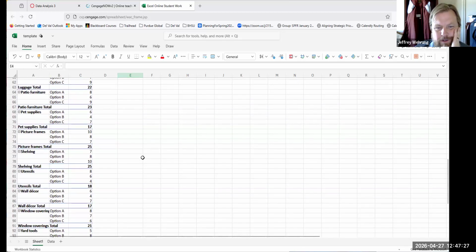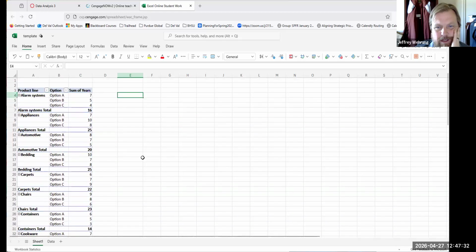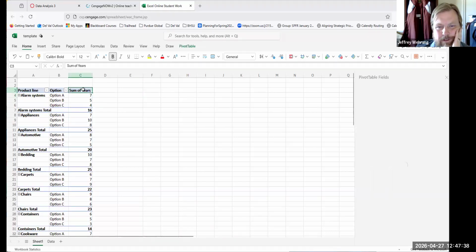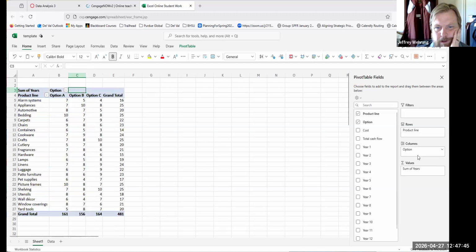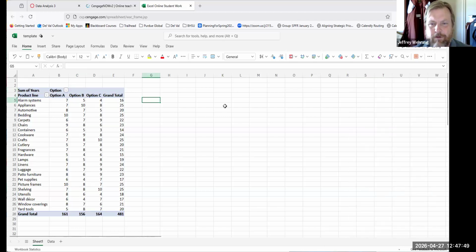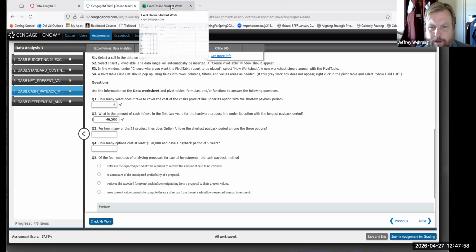This is so intriguing. I wonder if there's a better way to organize this. What if I put the options in? Yeah, I'm going to organize it like this. Okay, so I want to say, for how many of the 23 product lines does option A have the shortest payback period among the three options.